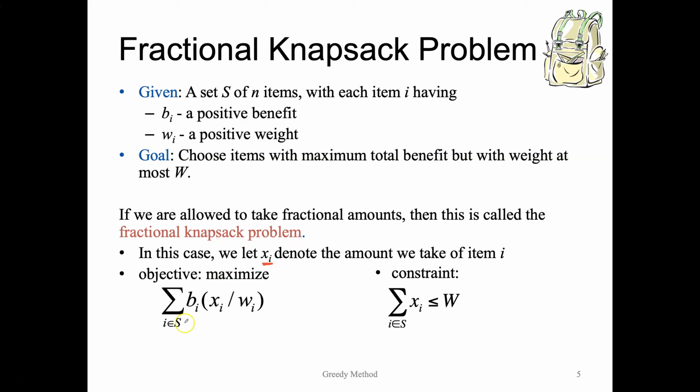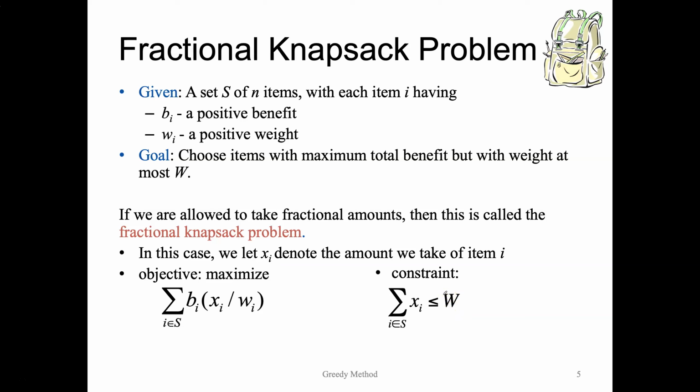So our goal is to maximize the objective function. This is the total worth of, for each item in our set S, the total worth of items. So this is how much each item is worth individually times the fraction of how much of that item we take. But we're constrained by the fact that our knapsack can only carry at most capital W pounds.